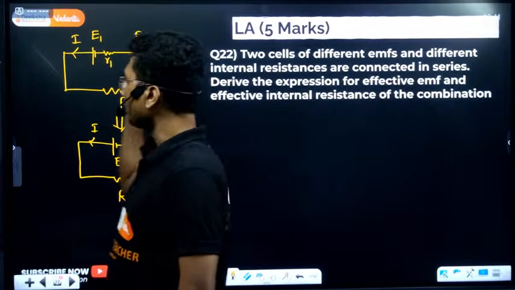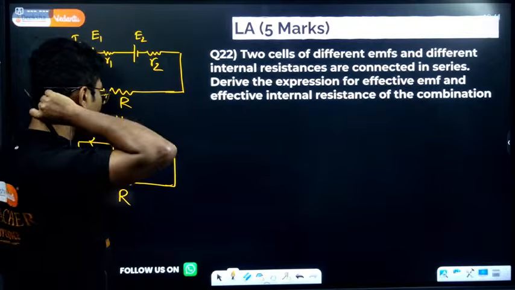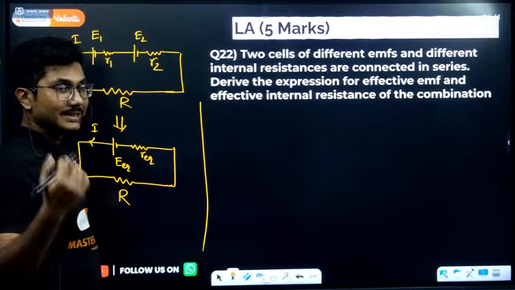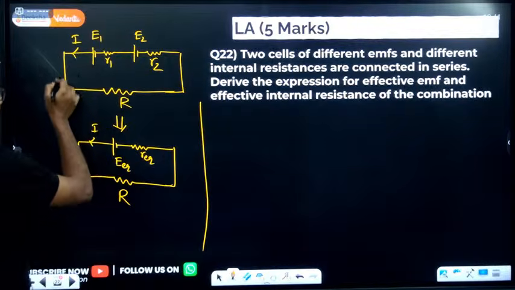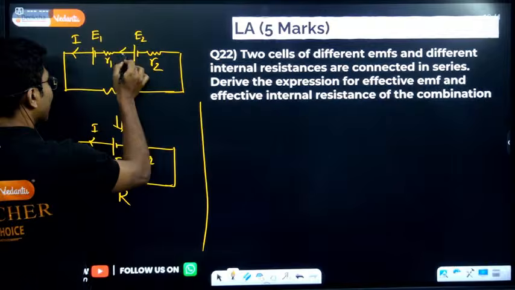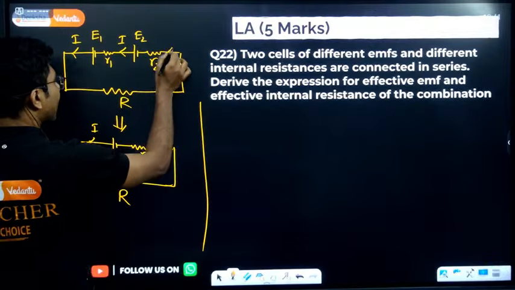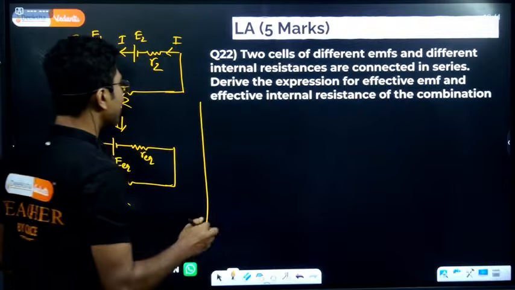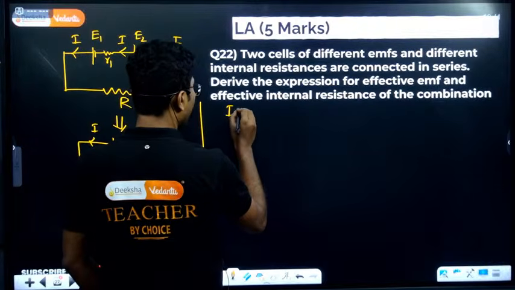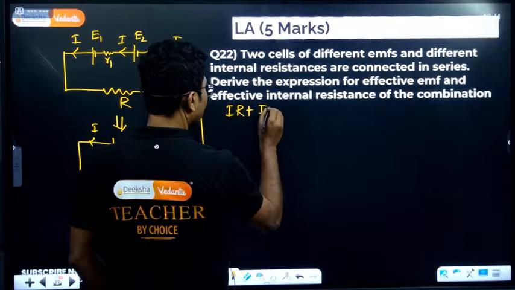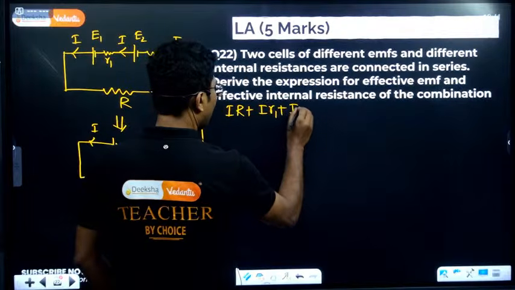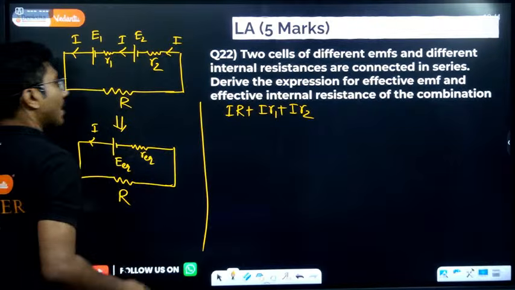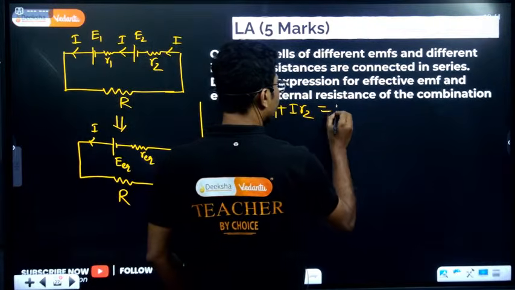Now how to solve this question? Obviously we will apply Kirchhoff's laws to make it easier. So we will say this is the resistance, whatever current entering the circuit, same current has to exit the circuit as well, right? So current is constant, so we will apply I into R plus I into R1 plus I into R2. These are all the voltage drops across the resistors. Voltage drop across the resistors should be equal to the sum of the EMFs.